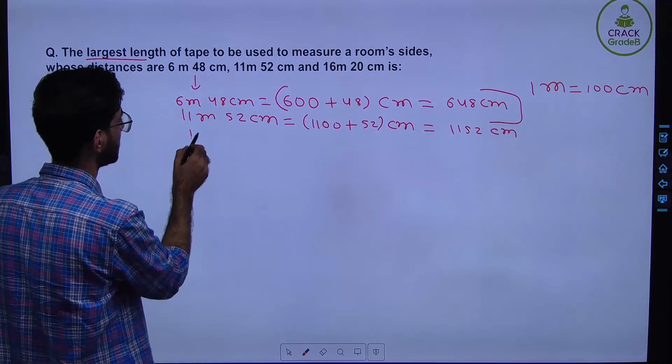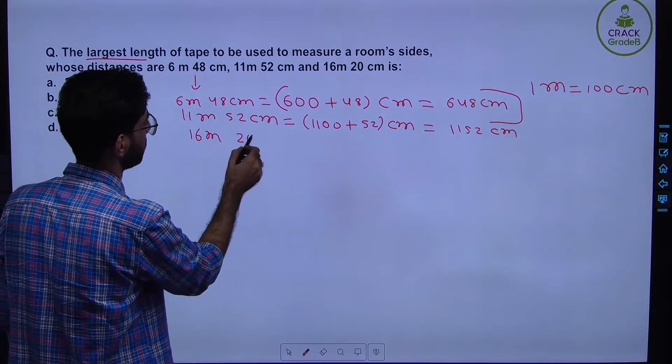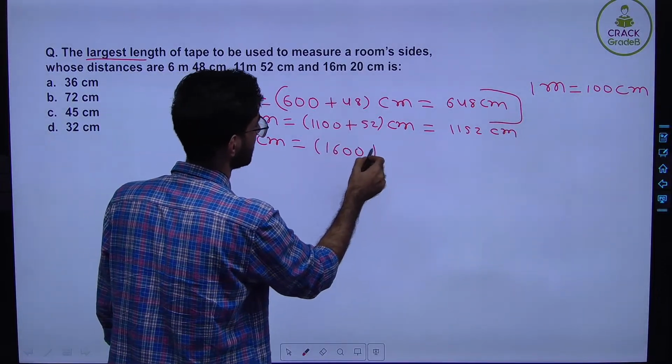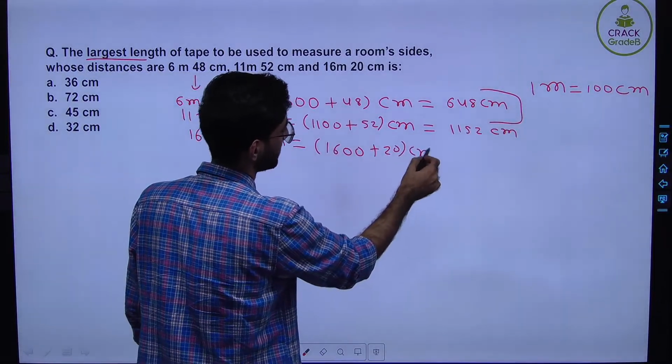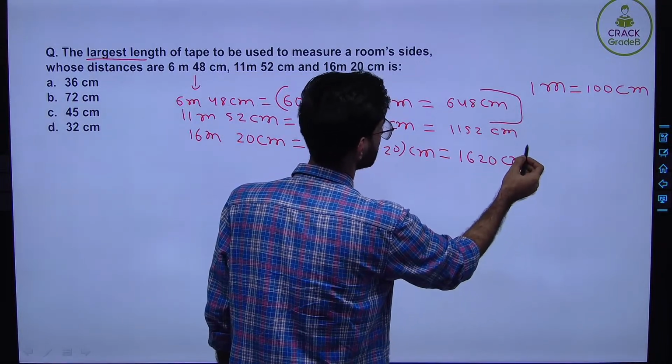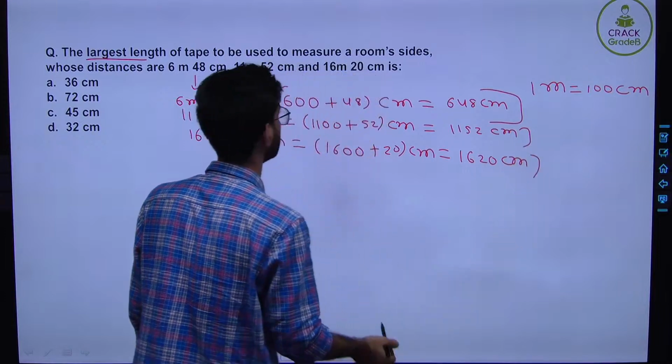Then 16 meter and 20 centimeter. This value is equal to 1600 plus 20 centimeter, that is equal to 1620 centimeter, right?